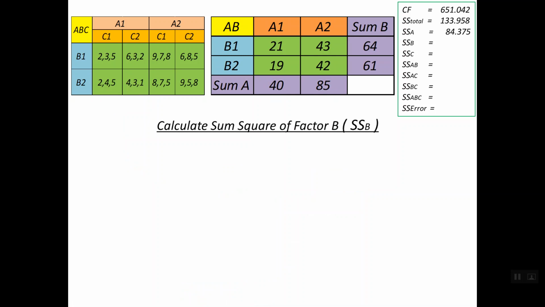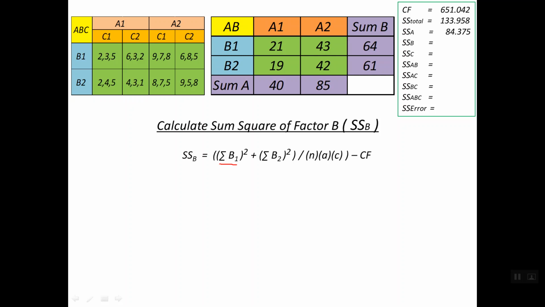The same way, we calculate the sum of squares for the second factor, which is factor B, SSB. Again, for factor B, we have two levels, B1 and B2.